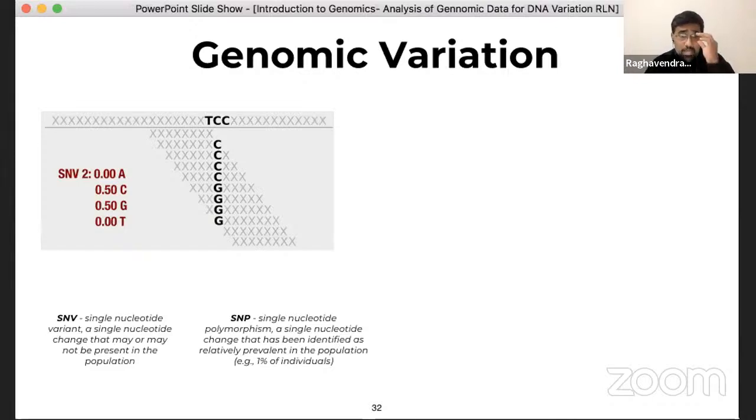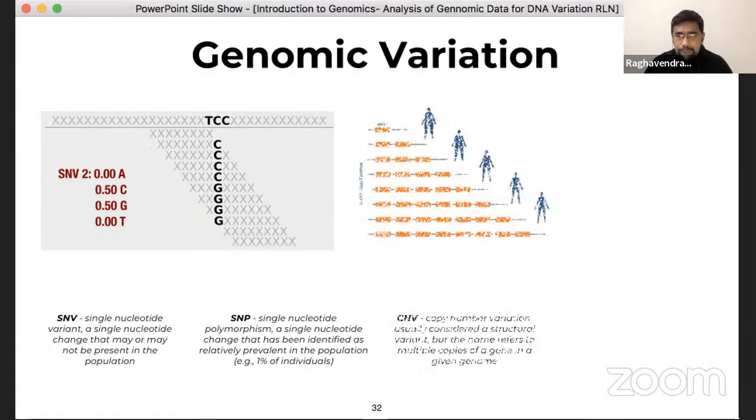Here are some of the acronyms and jargon that you have to remember about genomic variations: SNPs and SNVs. An SNV is a single nucleotide variant, a single nucleotide change that may or may not be present in the population. Basically, this means any change from the reference genome that we find in a given DNA sequence above the level of technical error.